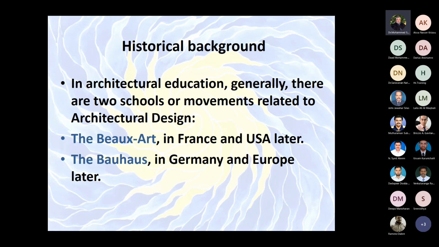The first one was the Beaux-Arts, which was established in France and later transferred to America. And the second school or movement, the Bauhaus, was established in Germany and then in Europe later.